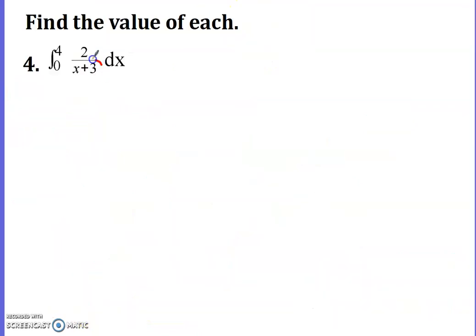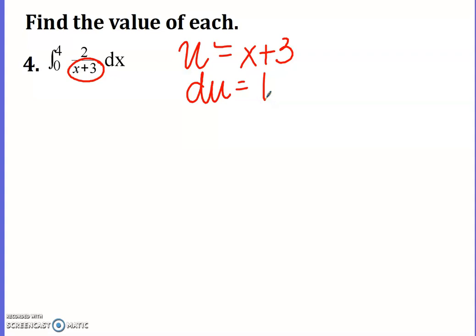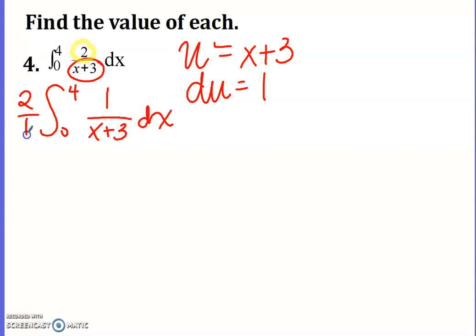Another fraction one. So I'm going to set this denominator equal to u. Do the derivative. GCF out that 2, or take that 2 in front of the integral. Divide by du. So this simplifies to 2.